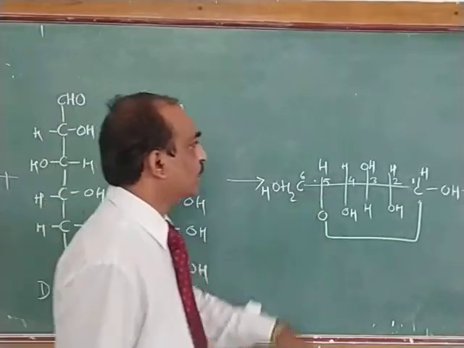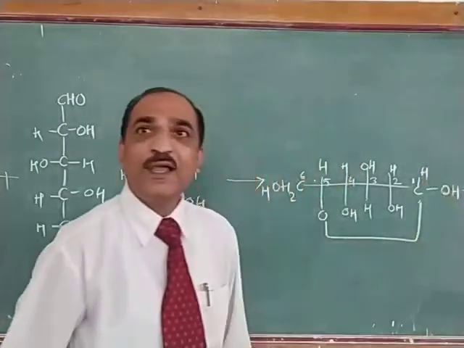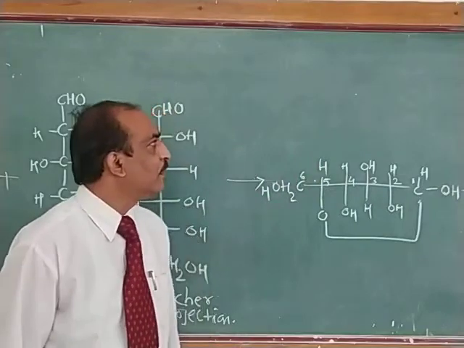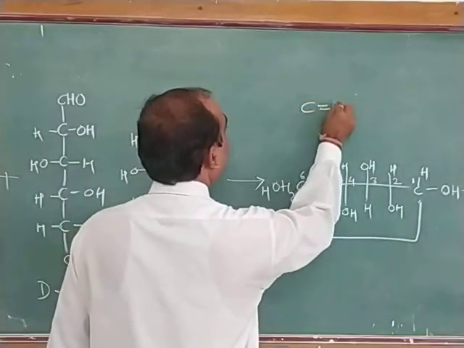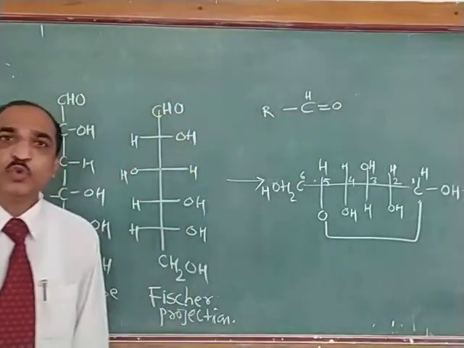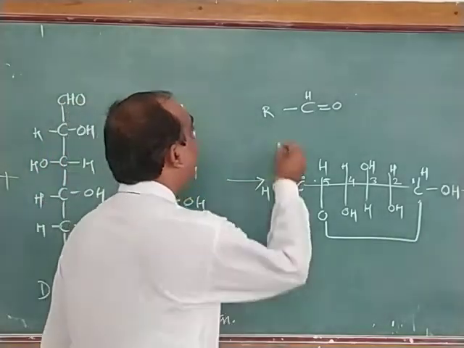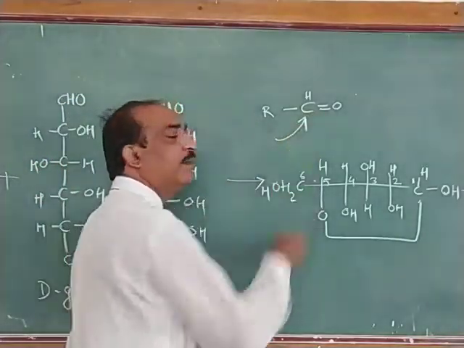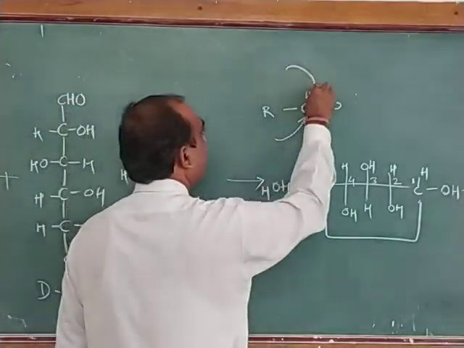We know from last year that the carbonyl group has two faces, so the attack of the nucleophile on this carbon can be from the lower side or from the upper side.